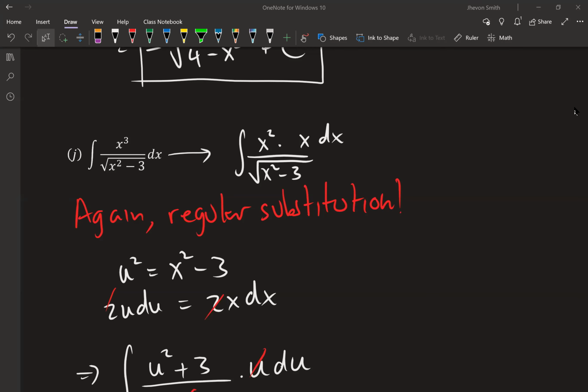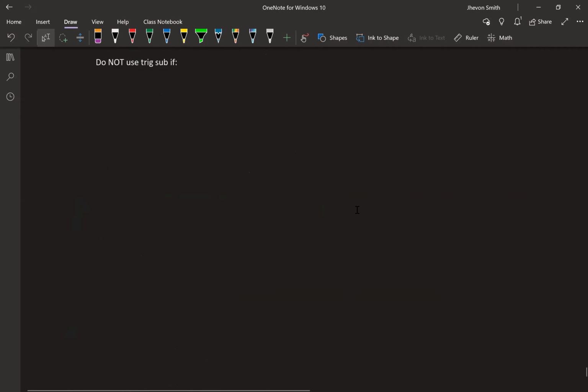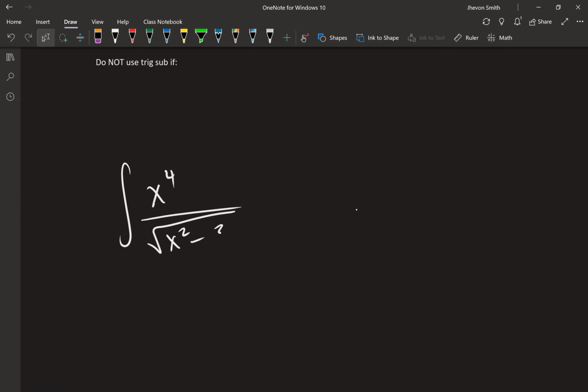So someone says there was an x in the numerator. Well, in this case, there's an x cubed in the numerator. And sure, you can say, well, yeah, Jhevon, but you could factor off an x. Well, hold on. What if I had an x to the 4th? Would a substitution still have worked?